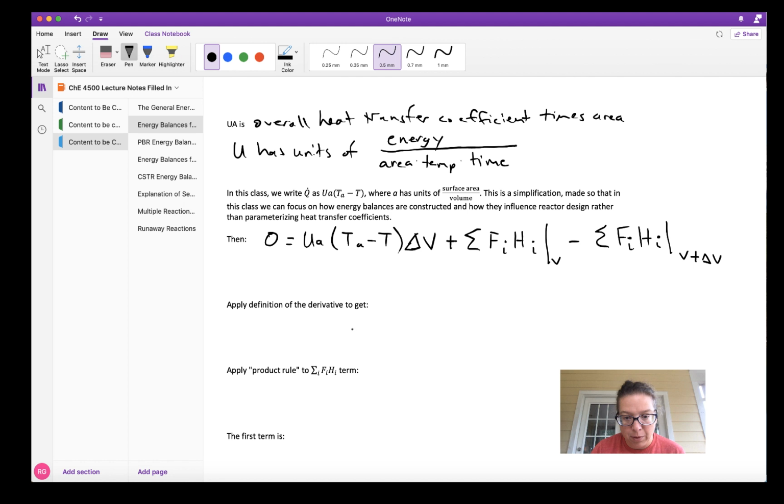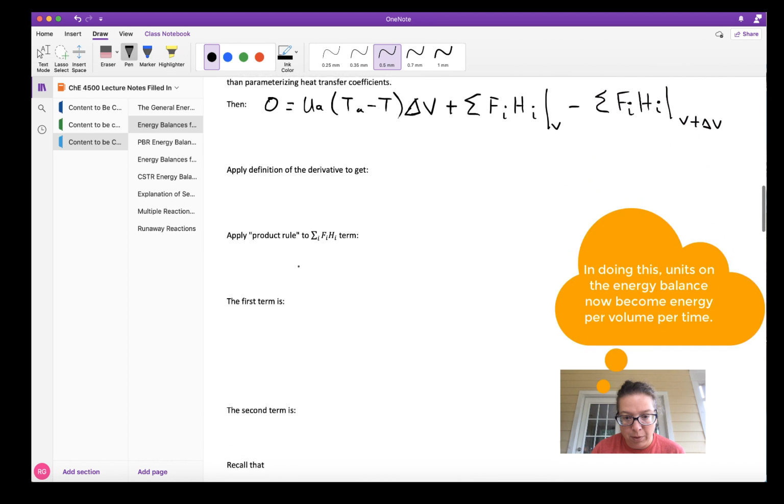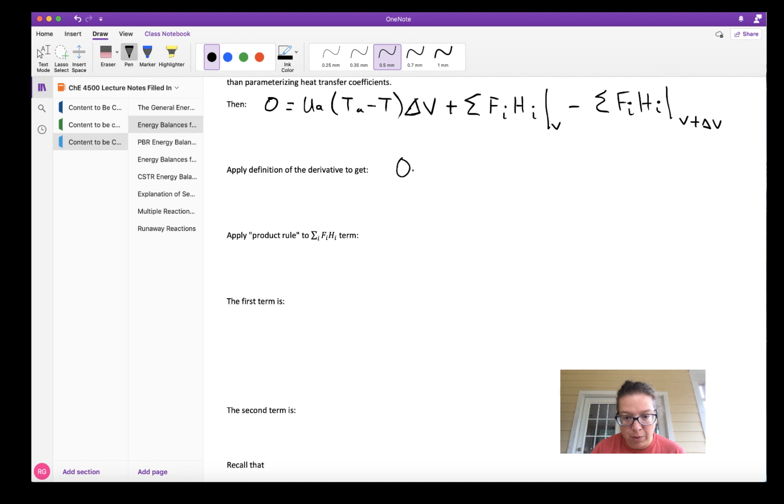So when we do this, we can now apply the definition of the derivative. We're going to divide all terms by delta V and take the limit as delta V goes to 0. I'm not going to write all of that out, but in the same way that we derived mole balances for tubular reactors, what we will arrive at is this expression.